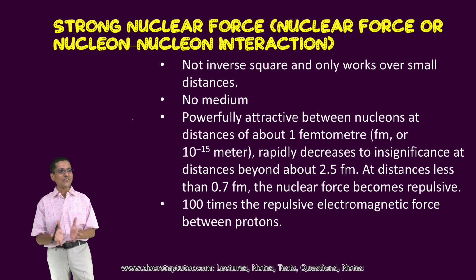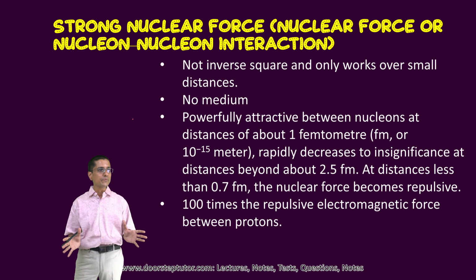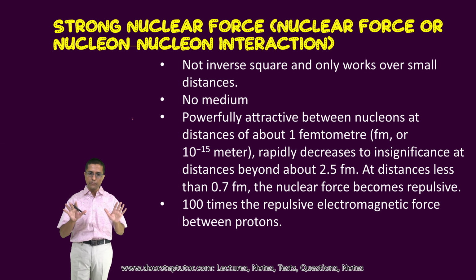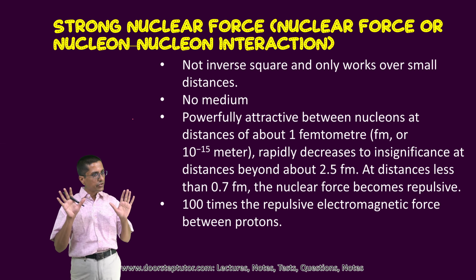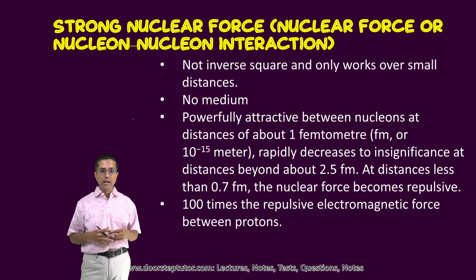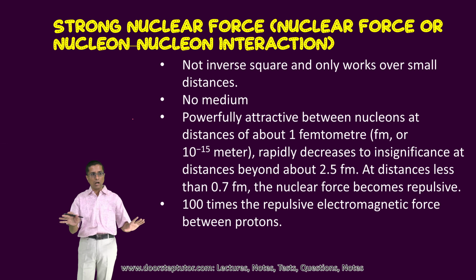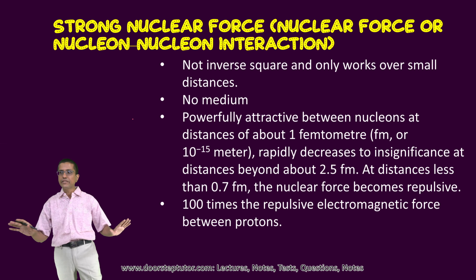It keeps the two protons together, even though the electrostatic force would try to push them apart, because it is much stronger than the electrostatic force at the distances we are talking about. So up to 1 femtometer it is strongly attractive. Beyond that, up to 2.5 femtometers, it exists. After 2.5 femtometers, it is gone. It ceases to function.